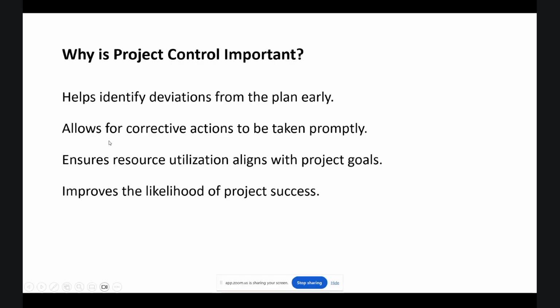So in the early stage of issues, you can detect and correct them. This allows for corrective actions to be taken promptly. It ensures resource utilization aligns with project goals and improves the likelihood of project success. So that is what a project manager will do throughout execution to make sure that the project is going in accordance with expectations.